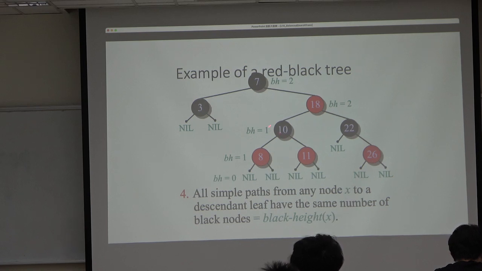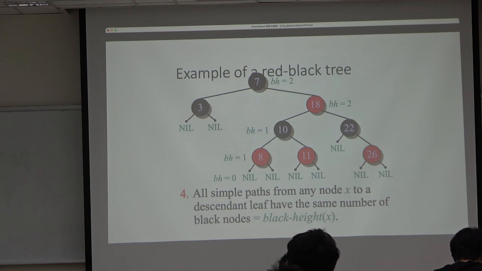We do not add this node's color into the black height. So this one has black height 2. Otherwise, you might think the black height including the root should be 3. No, it's just 2. So far so good, right? This example should be very easy to understand.